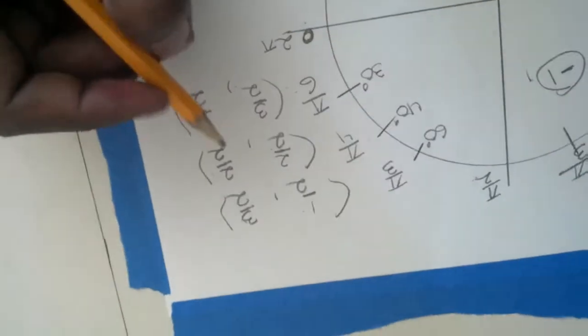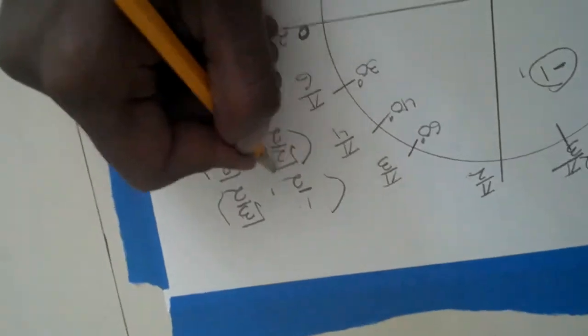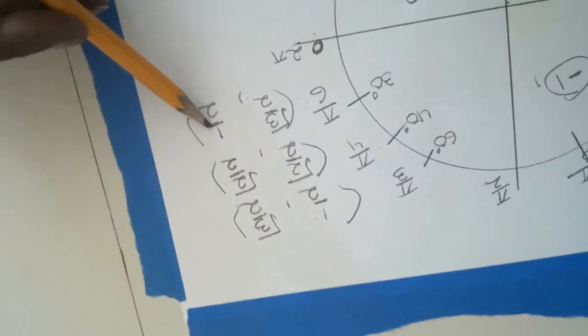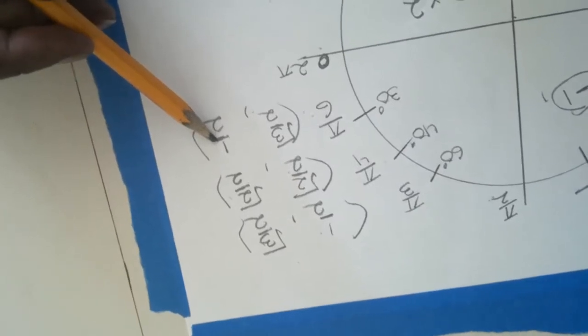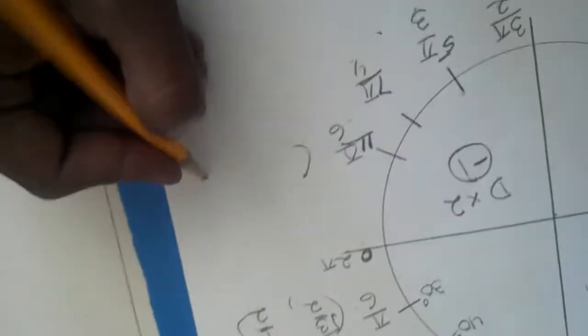Alright, next thing, square root all the numerators. Since the square root of 1 is 1, we don't really need to do it. Same thing for the bottom.